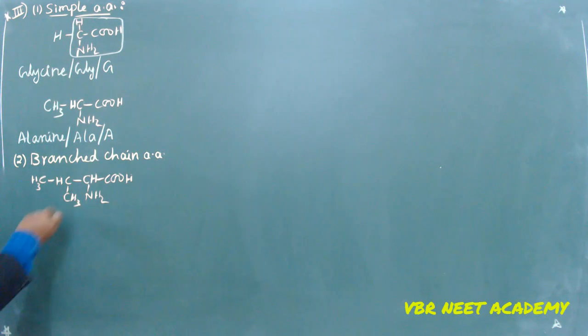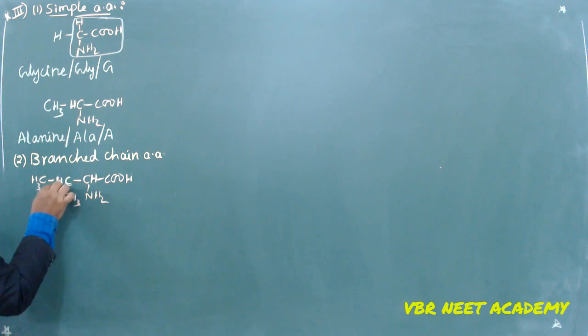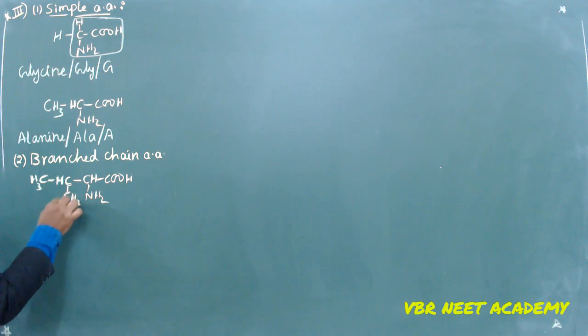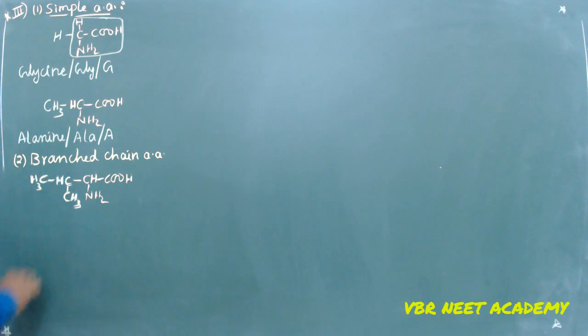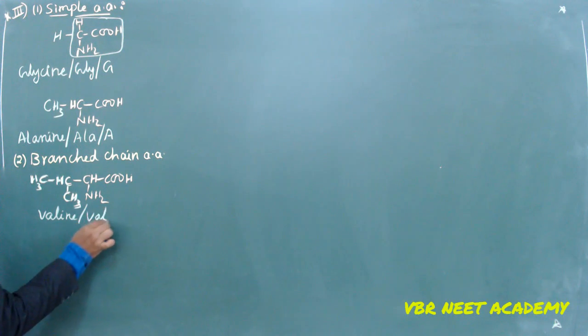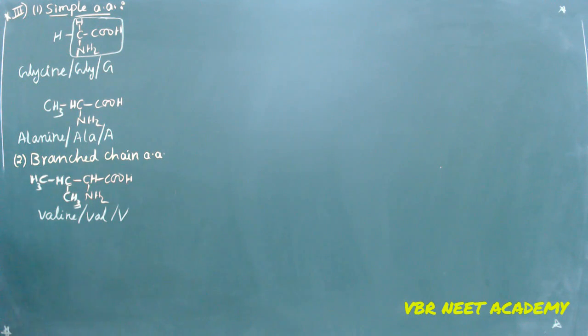I am going to have CH, CH3, CH3. What is this one? An isopropyl group will be present. So this is called valine, VAL, and V will be the single letter code.